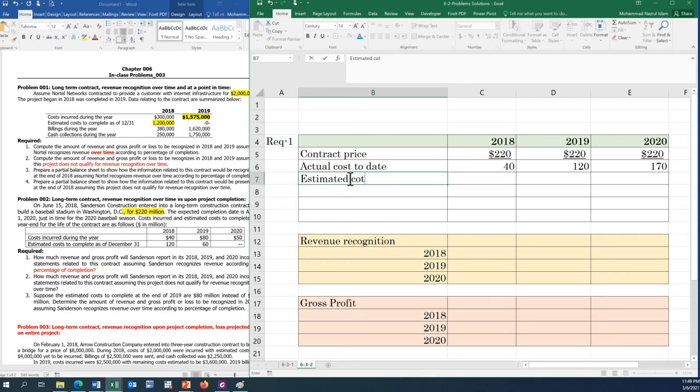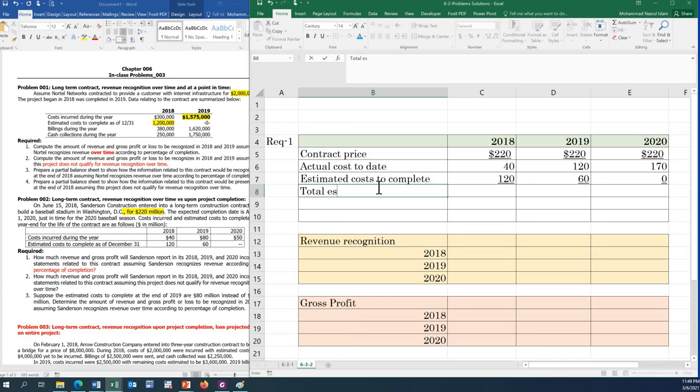Estimated cost to complete. For 2018 it's 120, and then 60, and nothing. Okay, and I'm underlining this.